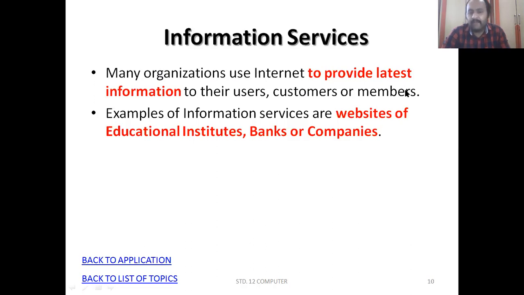Most IMP point from this topic is you should remember its example and do not get confused in two words: information service and customer service. Sorry, support service. ये दोनों अलग examples है. Information service means what? Here the intention is just to provide information to the related group of people. Examples like websites of educational institutes, banks, or companies.